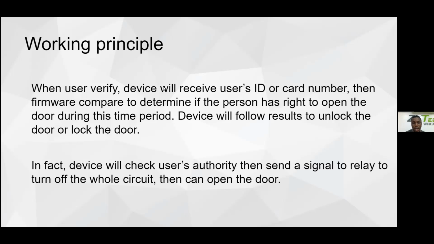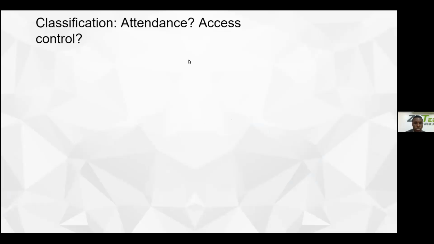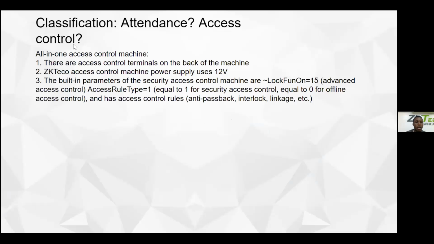Let's go on. So we have the classification of our access control. Now, our access control machines are all-in-one access control machines. There is an access control terminal on the back of the machine, and the machine's power supply.